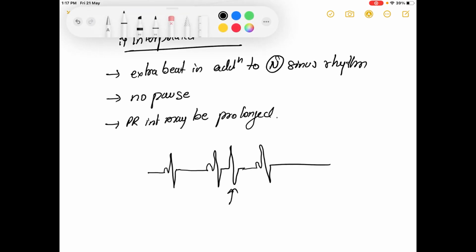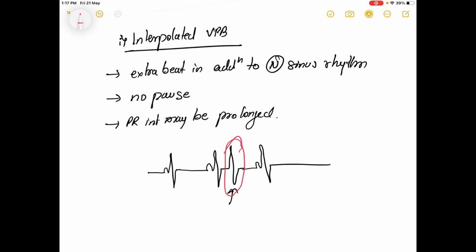So this is an interpolated premature beat where there is no P wave, and there is no pause. This is the first beat, second beat, third beat. So the sinus beats have occurred where they should have occurred, with an extra beat interpolated between two normal waves. So this is called interpolated ventricular premature beats.